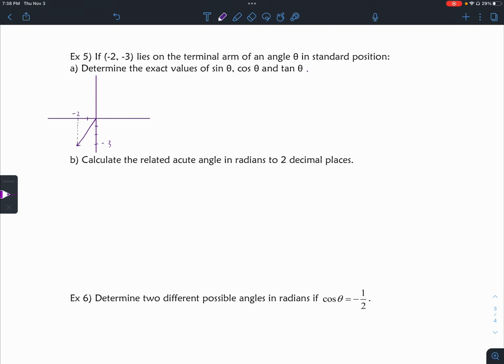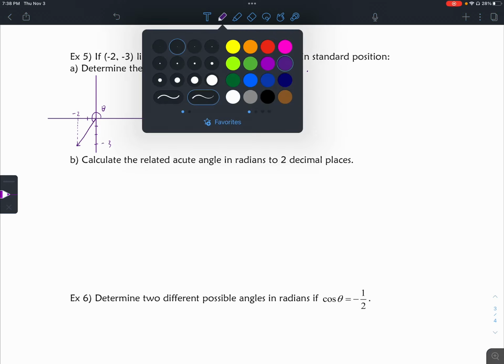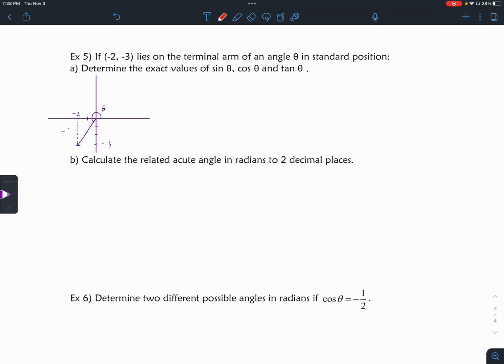Now what we want to do is construct a right triangle, and we draw towards the x-axis always. Our angle, theta, is this principal angle. Now we can label this triangle. We can see that this is negative 3, and that's negative 2.